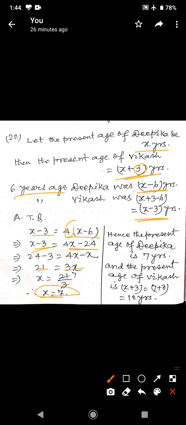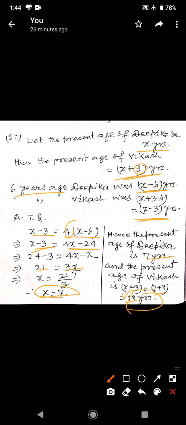According to the question, 6 years ago Vikas' age was 4 times Deepika's age. 6 years ago, Vikas was x minus 3, so x minus 3 equal to 4 times (x minus 6).